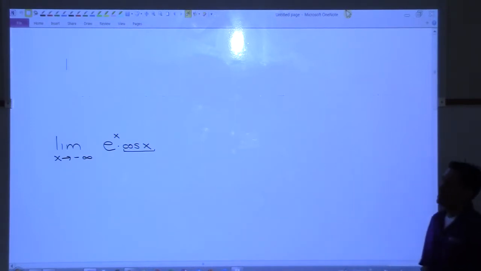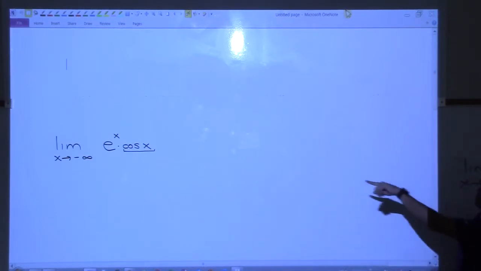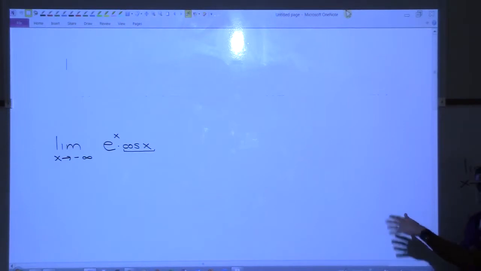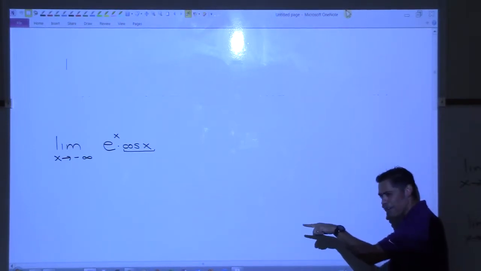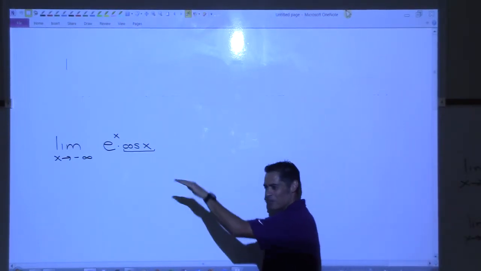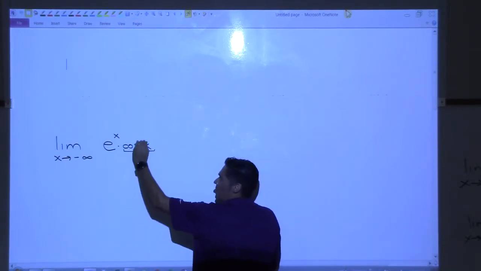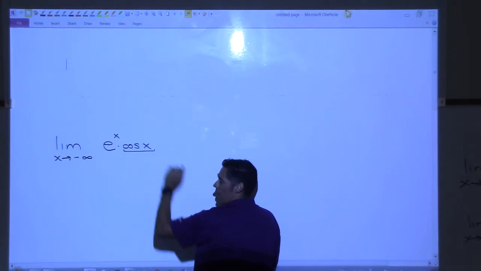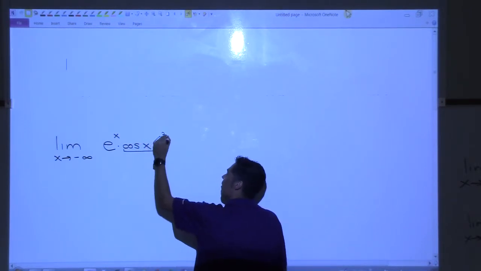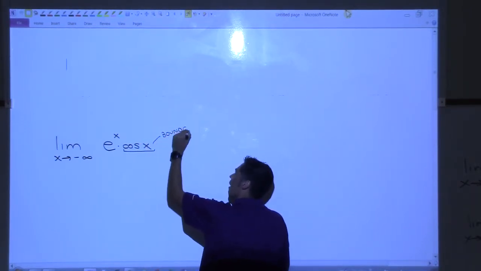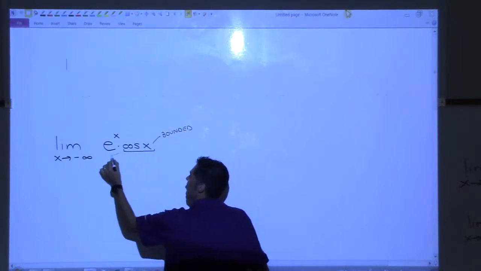What is that doing as x goes to negative infinity? What is the cosine function doing? So we're doing a cosine function out that way. So this thing is just oscillating. It's not fixed, but it's definitely bounded, right? So we know that this is bounded. Now, this is the tricky one, right here.